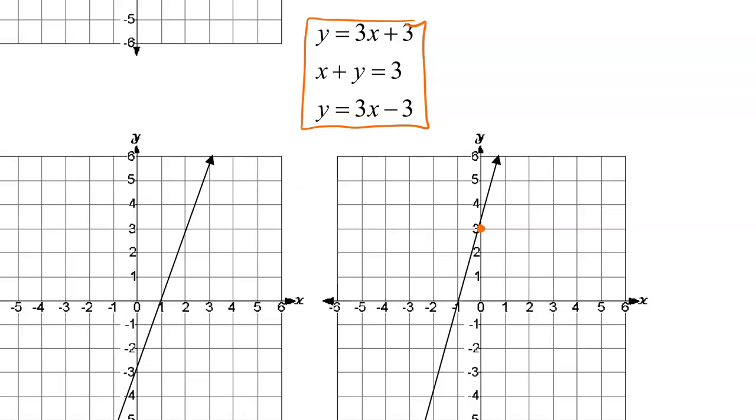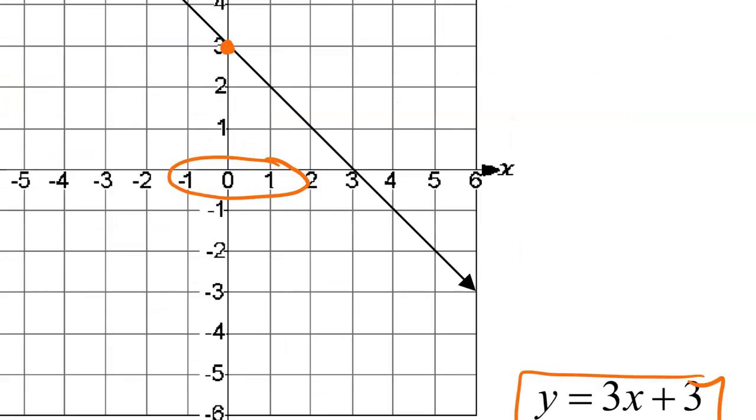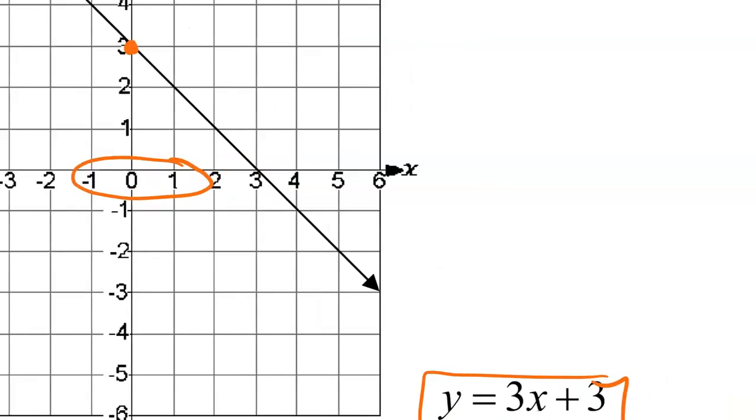If you did 0, you wouldn't be able to tell the difference between them. So you have to find multiple points on that line to be able to distinguish the difference between them. The points that I'm going to use are negative 1, 0, and 1, because we'll be able to see that on the graph and we'll be able to find our y value.